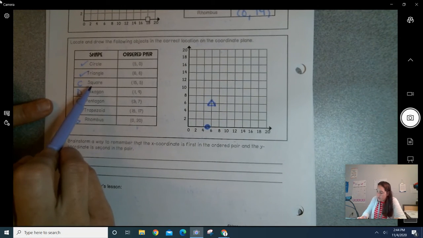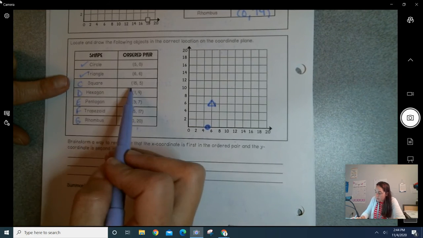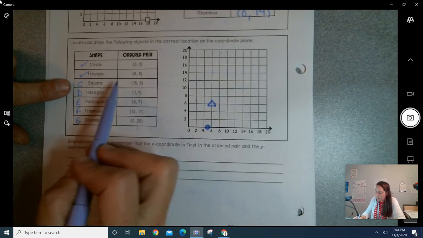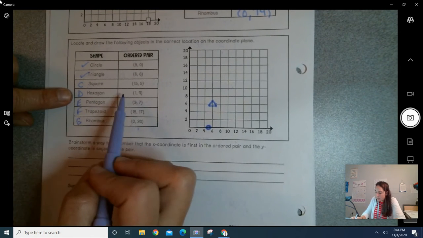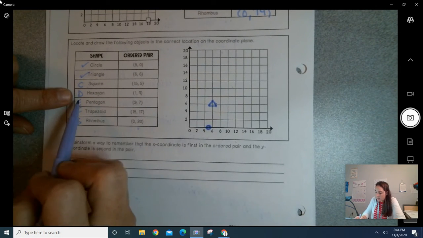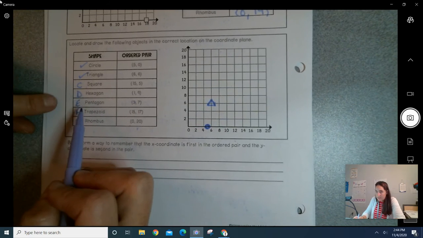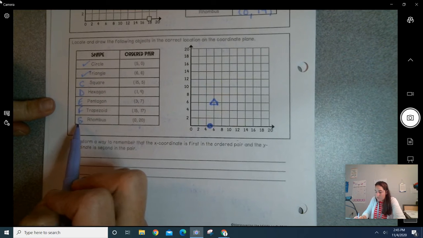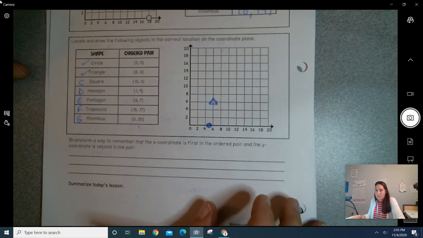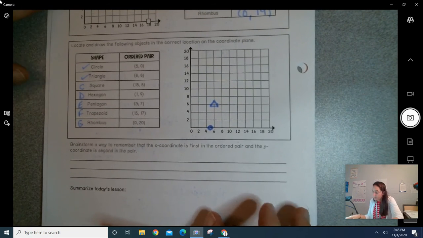So for the square, I'm going to go to the point 15, 5, and I'm going to put a letter C. For the hexagon, you'll go to the point 1, 9, and you'll put a letter D. And then an E for the pentagon, F for a trapezoid, and G for a rhombus. It's going to be a little bit easier for us to check them.